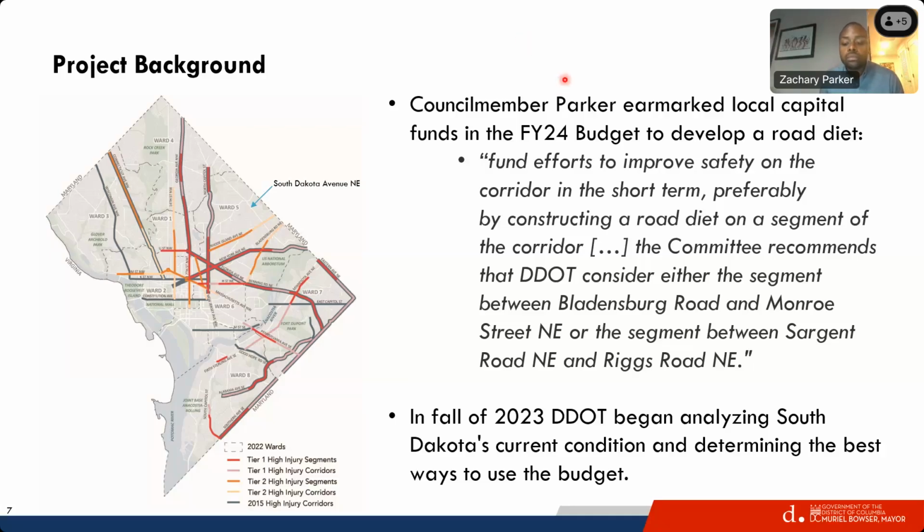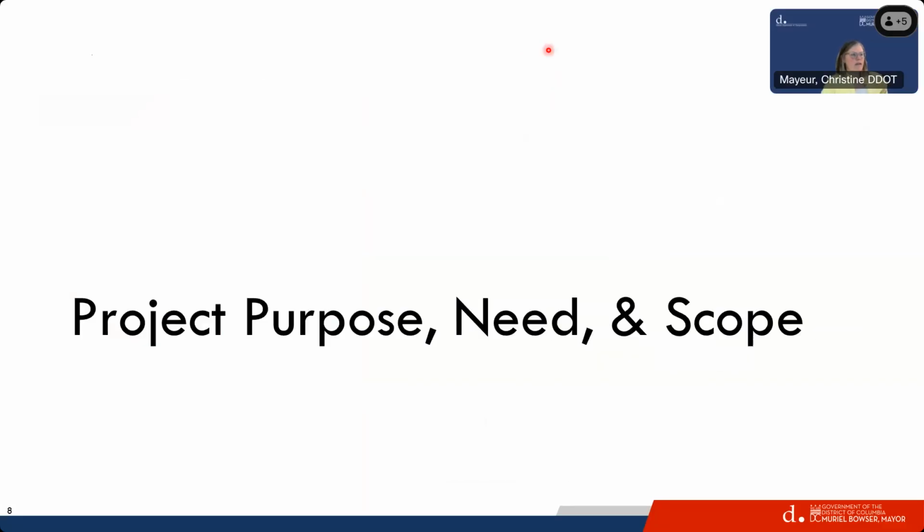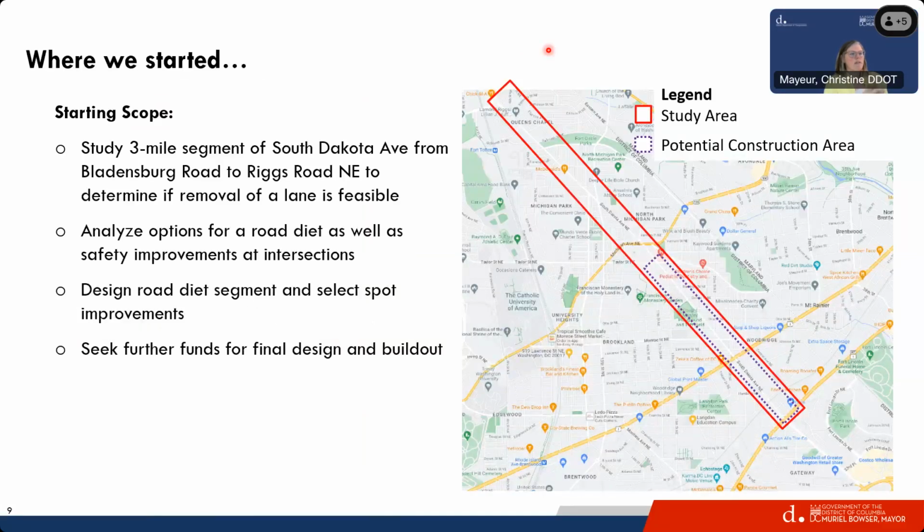All right, thank you, Councilmember. So as the council member said, we started this project, and I'll go through that. We started this project thinking that we could do a full study end to end from Riggs to Bladensburg, study the 3 miles, look at options for a road diet, configuration options, as well as safety improvements at intersections.